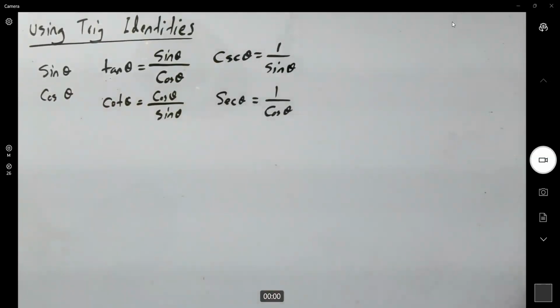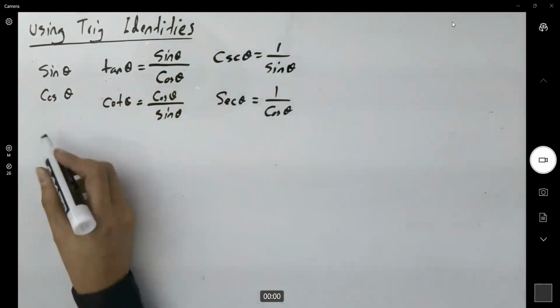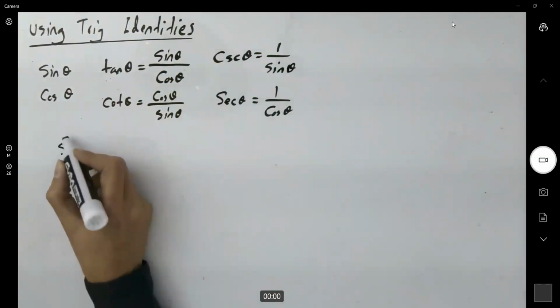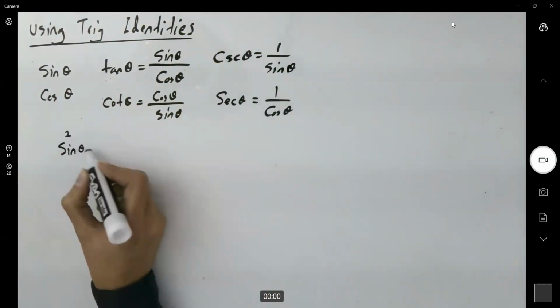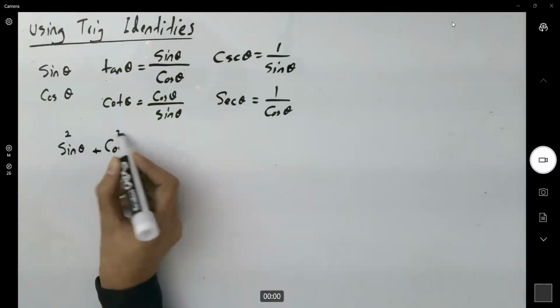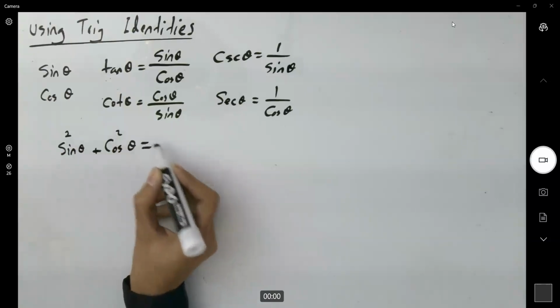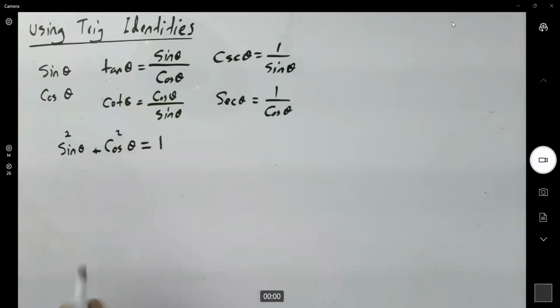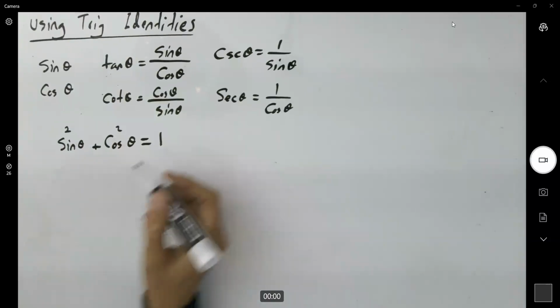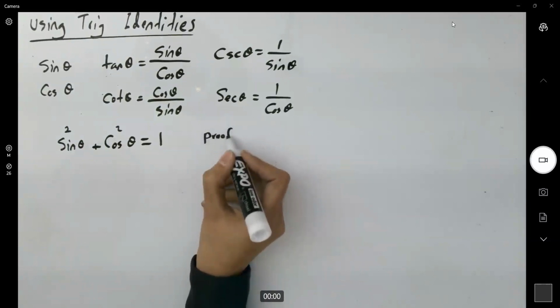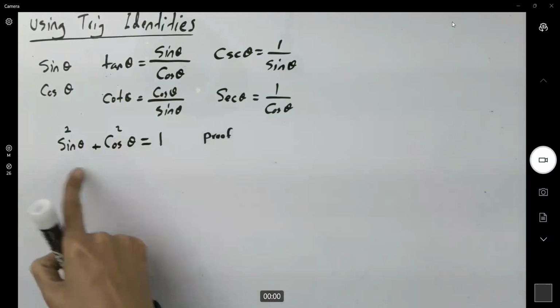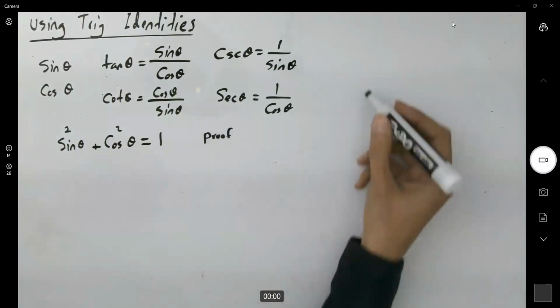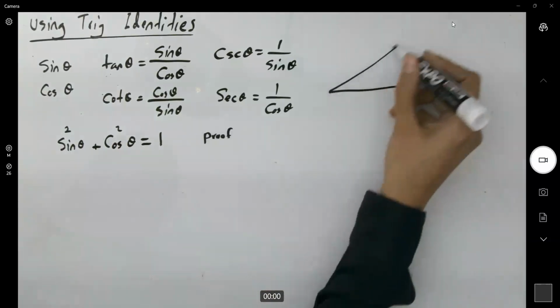Very good. Now we're going to just review trig identities: sine squared of theta plus cosine squared of theta, which is always equal to 1. We saw a very short proof using the definition of sine and cosine by a right triangle.